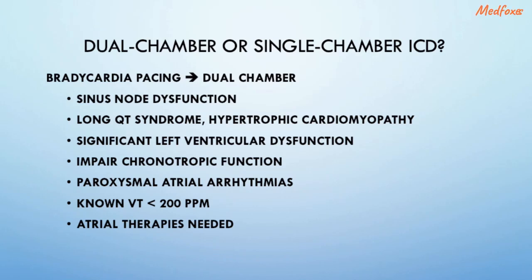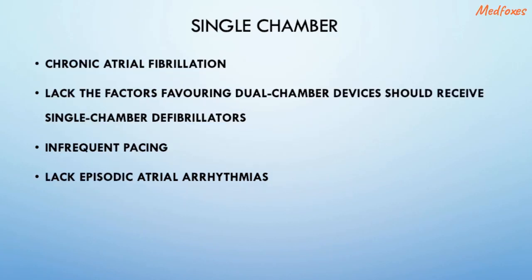The last is when atrial therapy is needed, which is limited to devices that include specific atrial therapies beyond pacing. Patients with chronic atrial fibrillation or patients who lack the factors favoring dual chamber devices should receive a single chamber defibrillator. This is particularly true for younger or smaller patients in whom the greater longevity per unit size and minimal intravascular hardware requirement of single chamber systems may be more compelling.